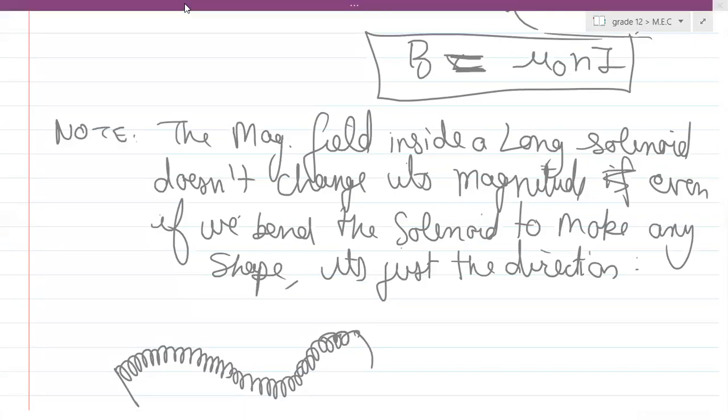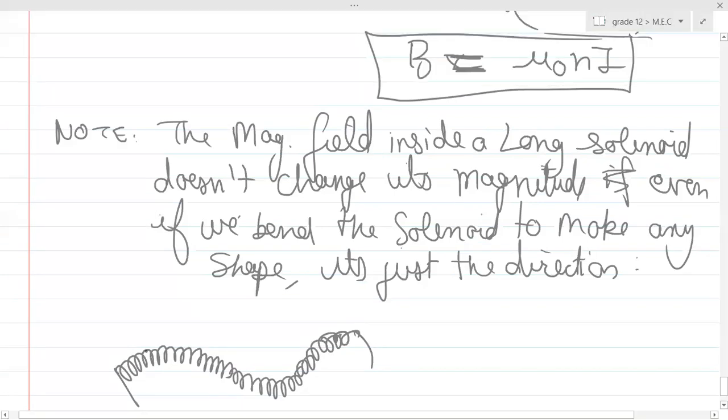So what will be the direction of the magnetic field, or how will you draw the magnetic field line? It will be like this. So can you say that by bending the shape of a solenoid, we can change the direction of the magnetic field in space? Yes or no?